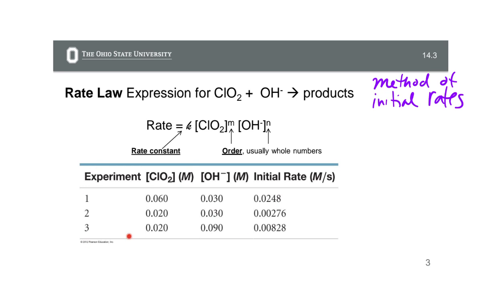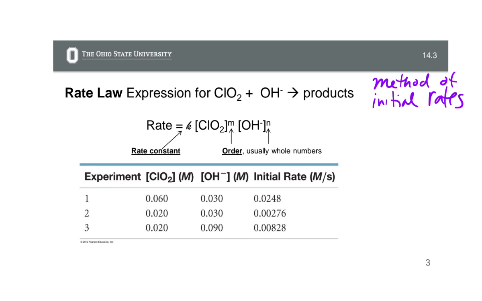And so we're going to use these data to calculate M and N. Now, essentially what we're going to do is hold one reactant's concentration constant, and change the other, and see how the rate is affected.